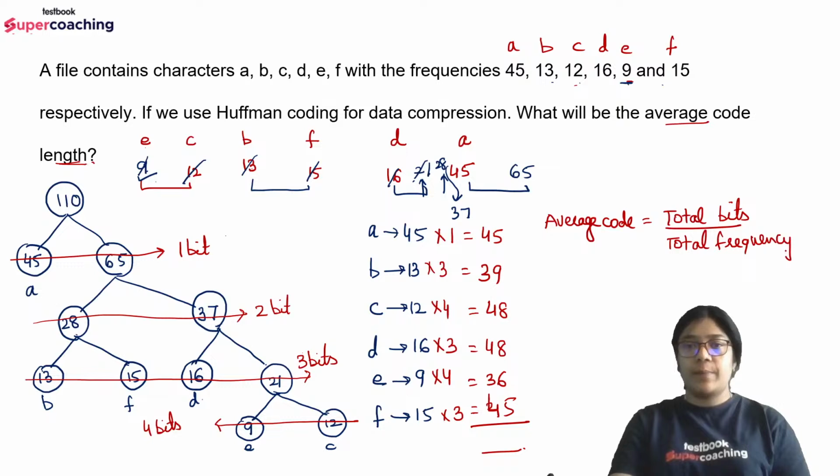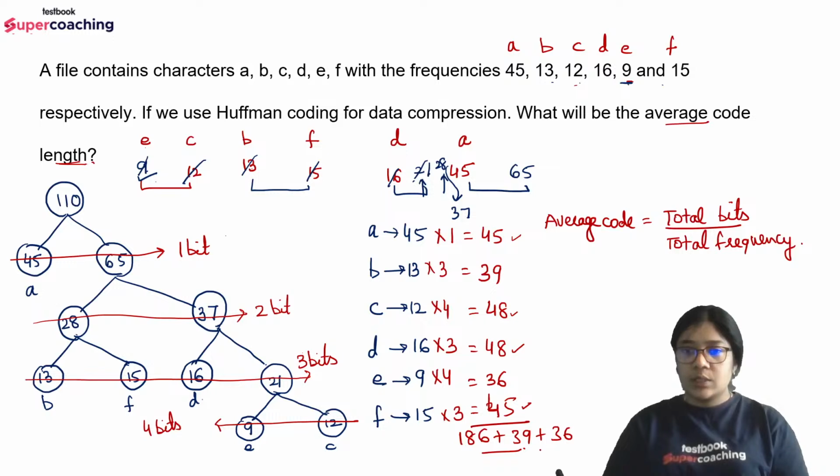The total frequency we have here is 110. Get the total. So 45, 45, 90, 90 and 96, 186, plus 39 plus 36. So get the total.